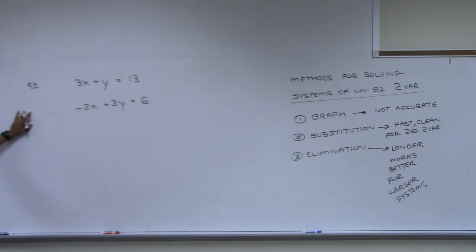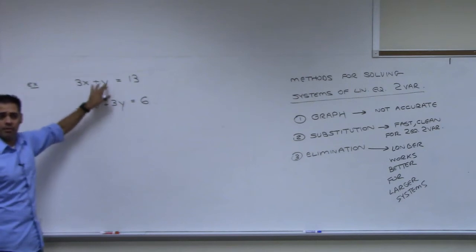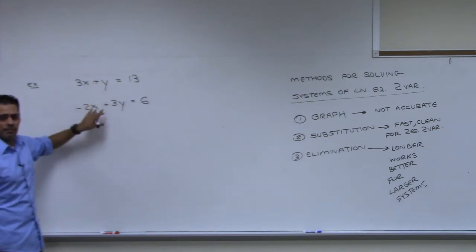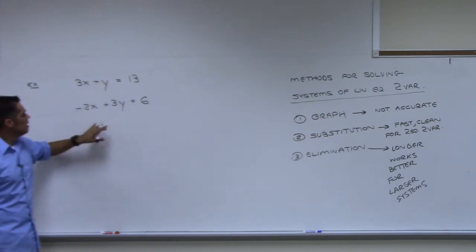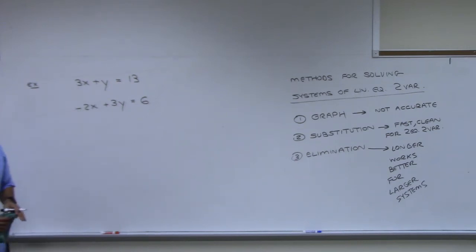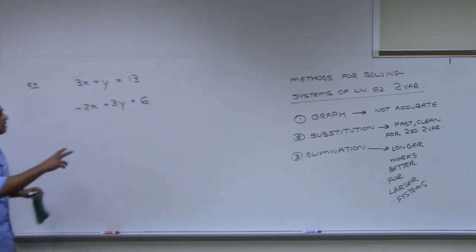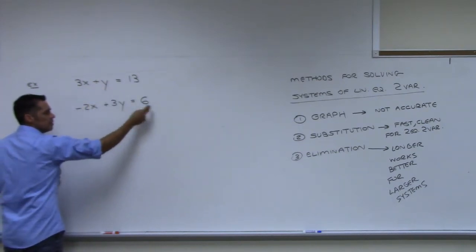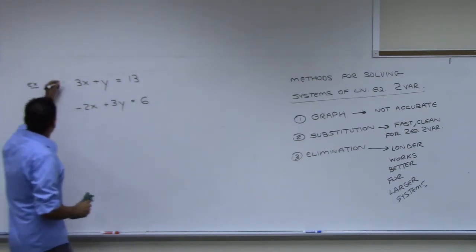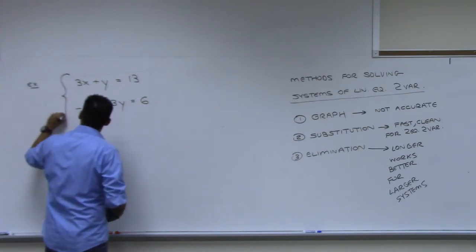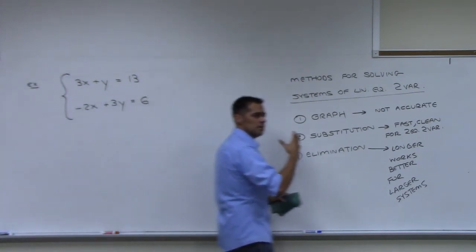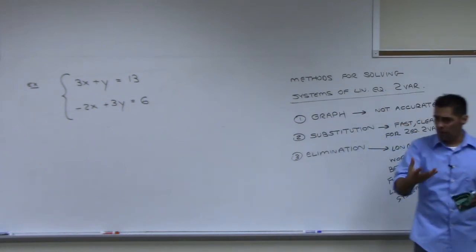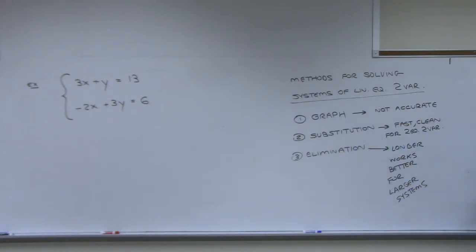We have here two equations, right? These are both linear equations in two variables, both of them, right? This is a line, this is a line. They're both written in standard form. Remember the different forms? They're both in standard form. ax plus by equals c, ax plus by equals c. Now, we use this notation. We put a big brace out in front when we are trying to let the reader know that we want to find the solution to this system.